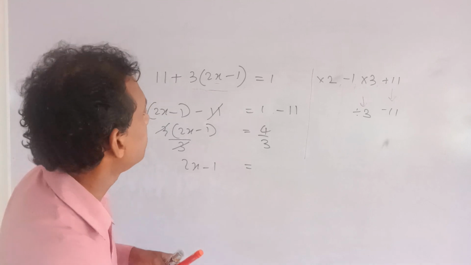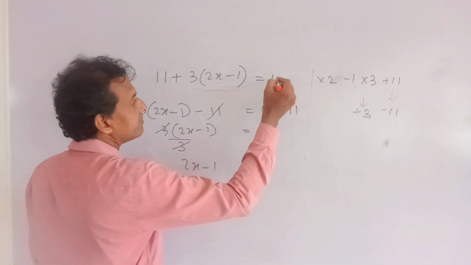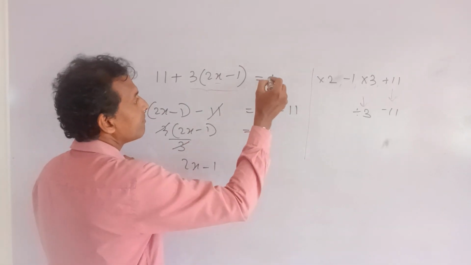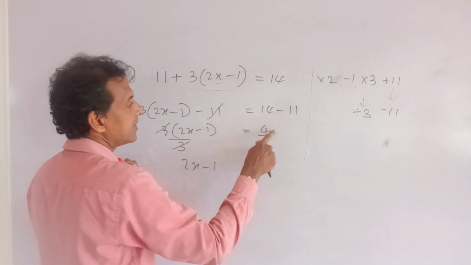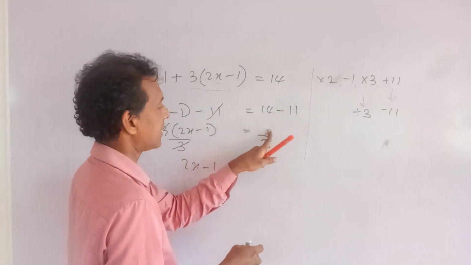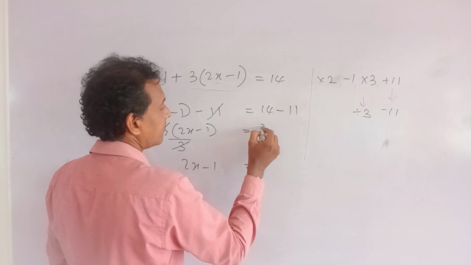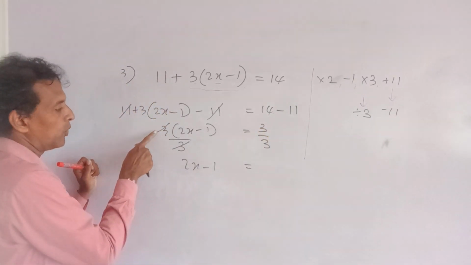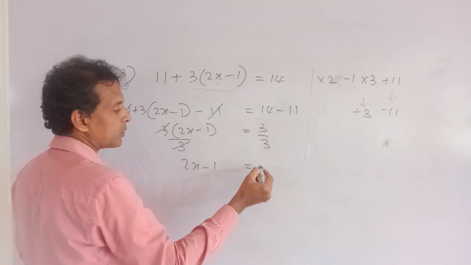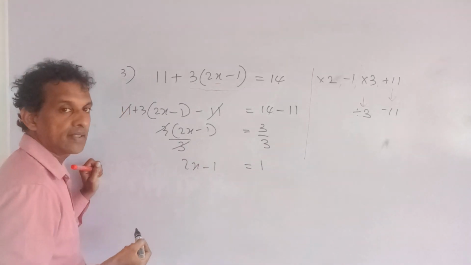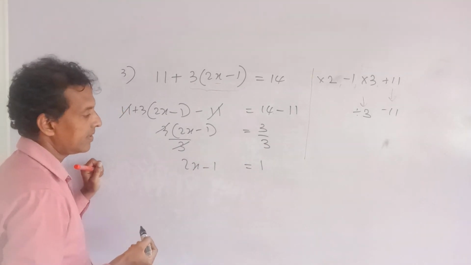So we can have 14 here. Let's see, we have 14 here. 14 minus 11 is 3. So when you divide both sides by 3, this 3 gets cancelled. 3 divided by 3 is 1.